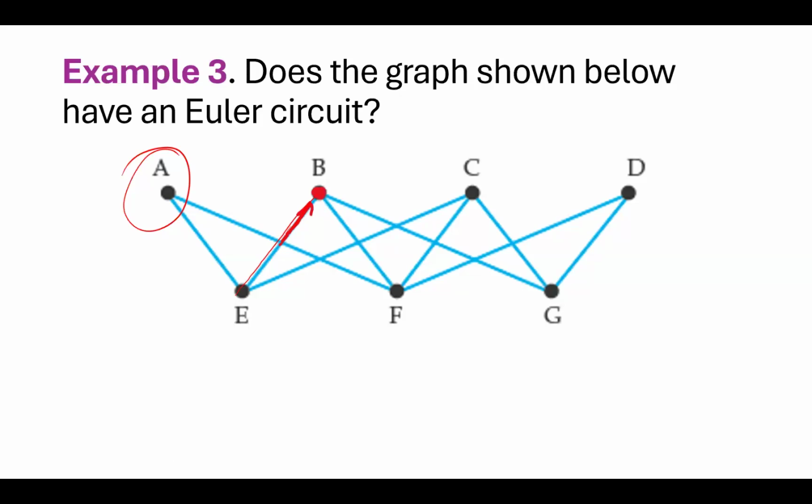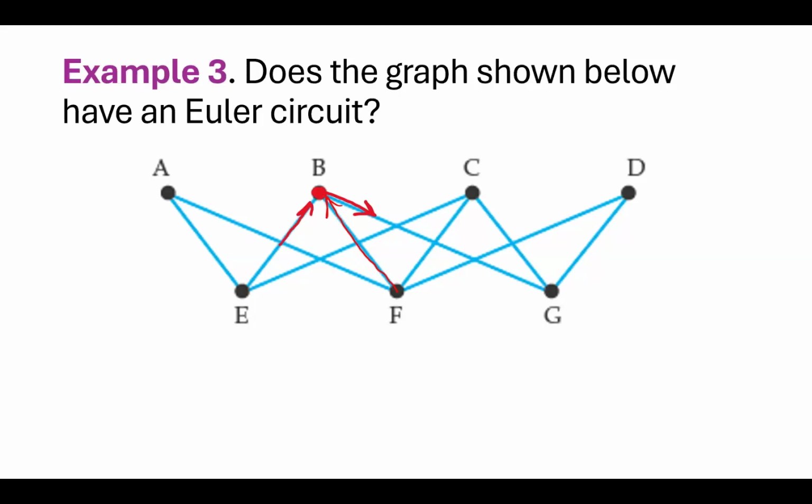But think about it this way. At some point in my path, in my circuit, I would need to go into this vertex because I gotta use all of the edges. And then I would need another one to come out. For example, I could come out through BG and continue my circuit. But then this is where the issue happens. Notice that now, at some point, if I want to travel through all of the edges, I would need to use this one, FG.